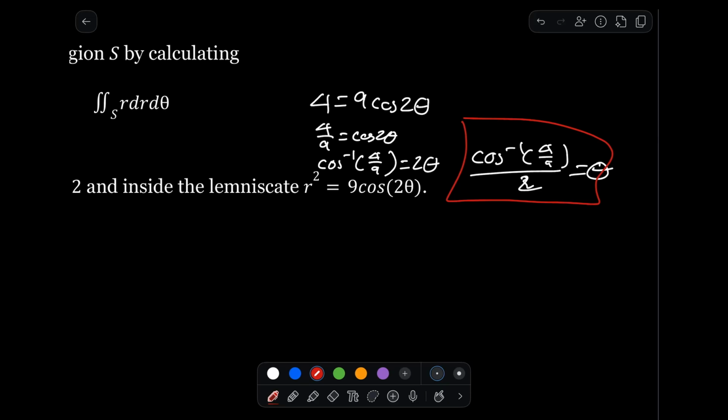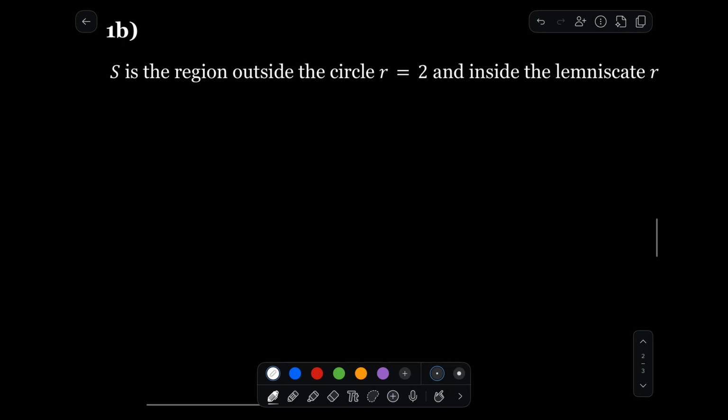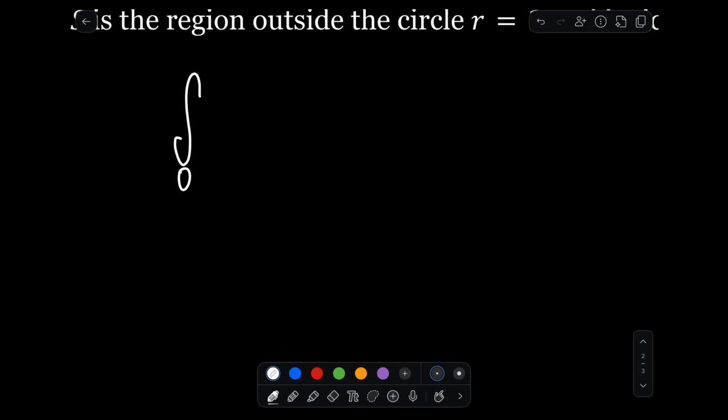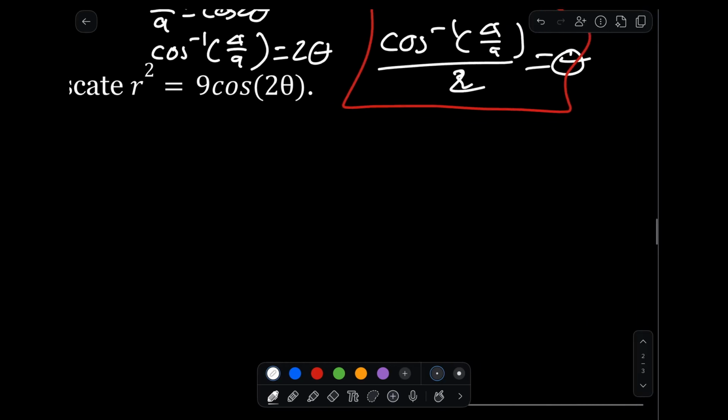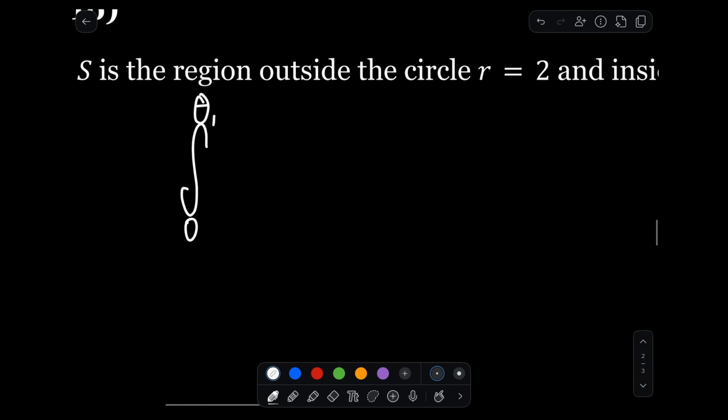And it's going to be from 0 to theta. So we'll just call this theta, just to save ourselves some time. We'll call it theta 1. Theta 1 is technically what we can just plug into Desmos, or our other graphing calculators, to save ourselves some time. And for our second one, it's going to be 2 to root 9 cosine 2 theta.